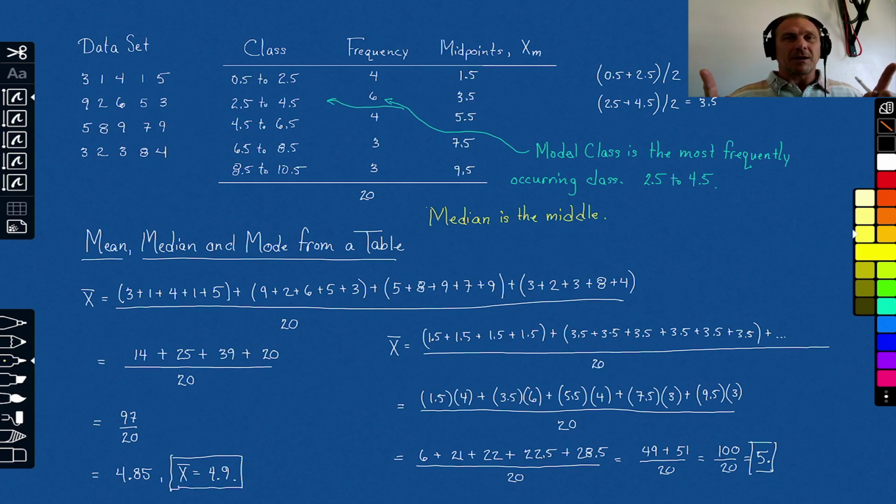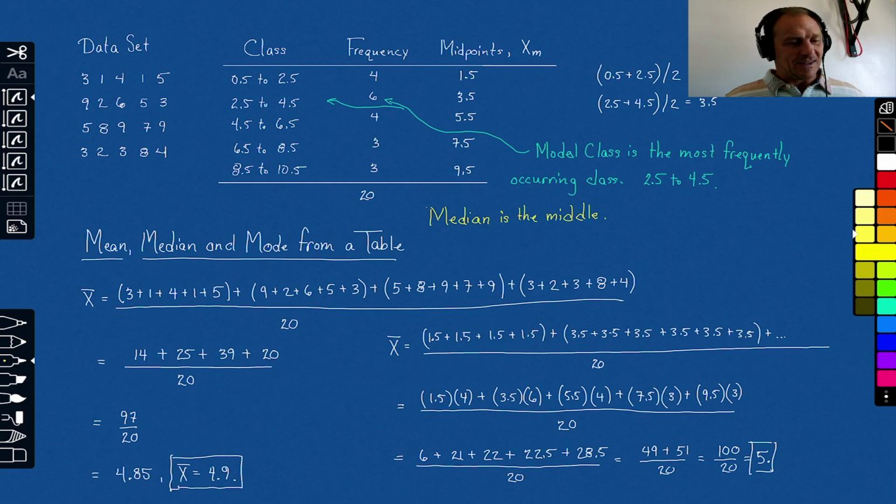Well, the middle of 20 is 10. So if you counted out 10 and you put a line right after the 10th value, you'd have 10 values below it and 10 values above it. So the question is where does the 10th value lie in our information? In this case, this is pretty slick.